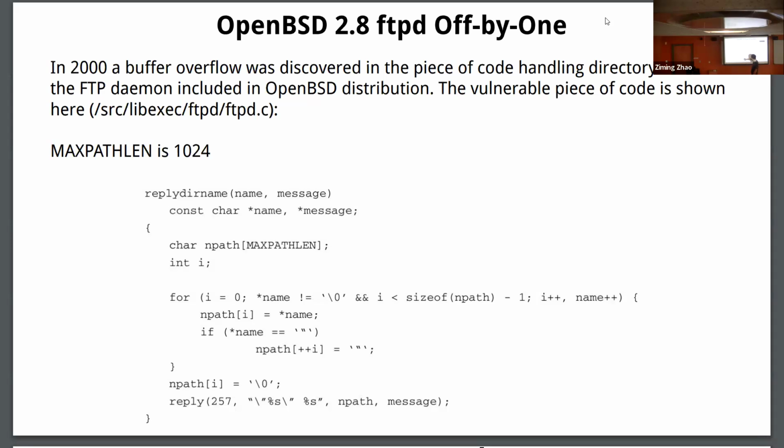If you are familiar with C, plus plus i will increase the content of i first, then use that value as the index to dereference this array. Because of that, the array here is actually 1024 bytes, and you can overwrite one byte more. You can overwrite 1025 bytes.